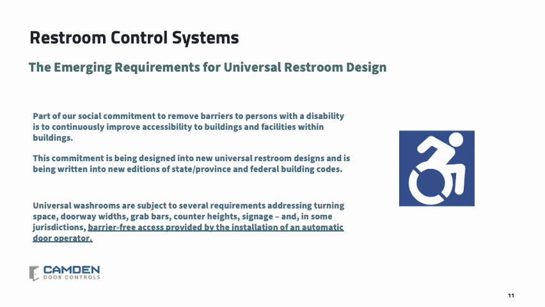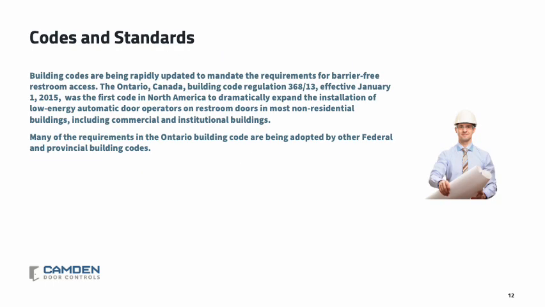Universal washrooms are subject to several requirements addressing such diverse issues as the turning space, door widths, grab bars, counter heights, signage, and in some jurisdictions, barrier-free access provided by the installation of an automatic door operator.